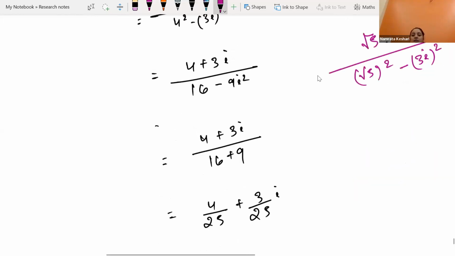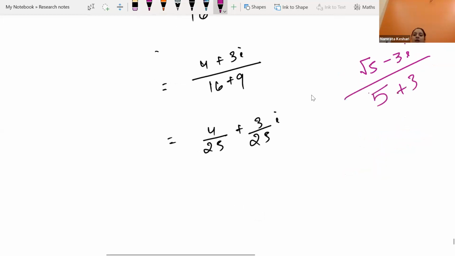Now we will continue. The numerator will be root 5 minus 3i and in the denominator root 5 square will be what? Ali and Alina. 5. Just 5? Yes or no? Yes, ma'am. Okay, and 3i square? i square is just minus 1, so plus 3.